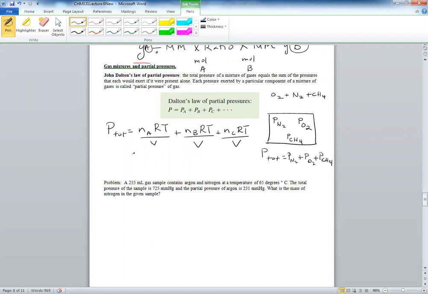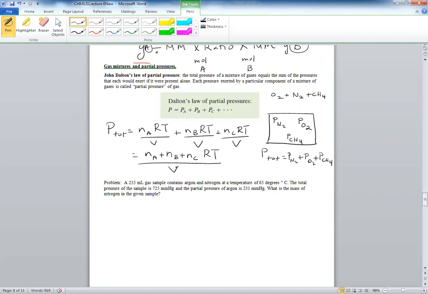So this basically becomes nA plus nB plus nC, times RT over V, etc. Now, when we do it this way, we can solve problems very readily by calculating the P total.